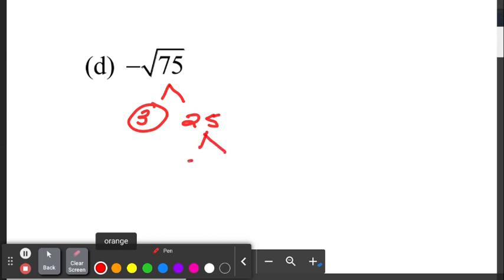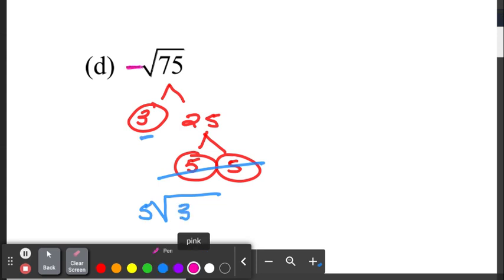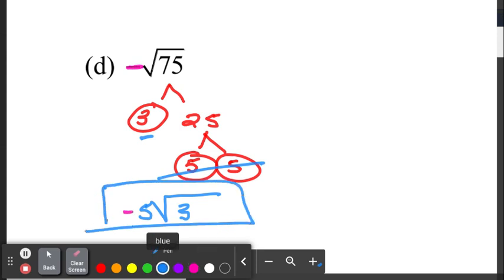And 25. Sorry for the background noise. So when I do my square root now, matches go outside, leftover prime numbers go inside. Now the big difference here is I have a negative hanging out, so I'm going to bring that down. And there's my answer.